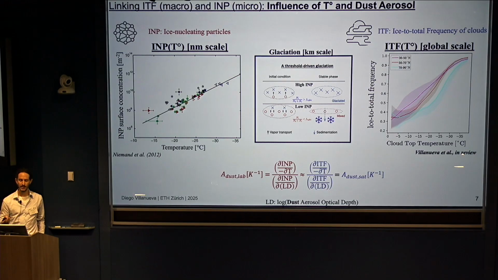So there's a pretty smart way to explain the different scales. But I just want you to take away that the evidence shows that INPs are controlling how stable these ice clouds are. And we know that dust is, on a global aspect, the one controlling the variability that we see, at least in the Northern Hemisphere.